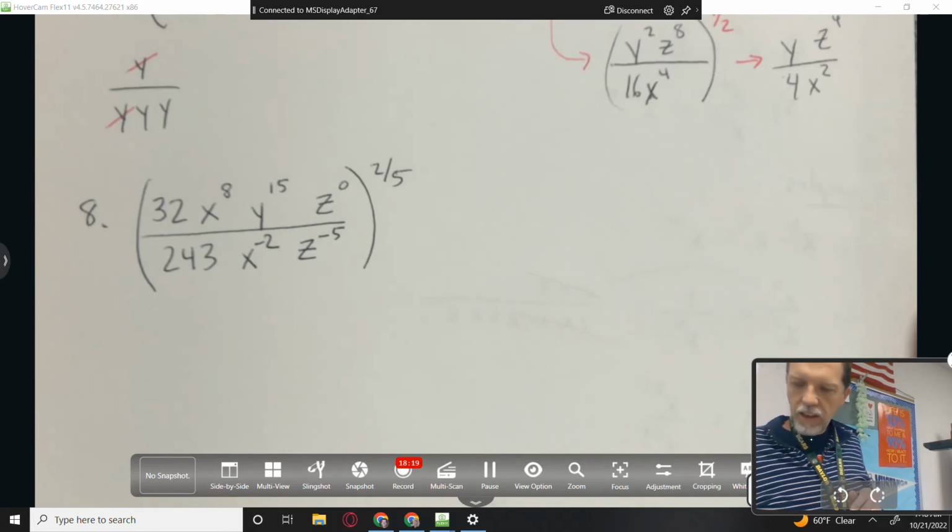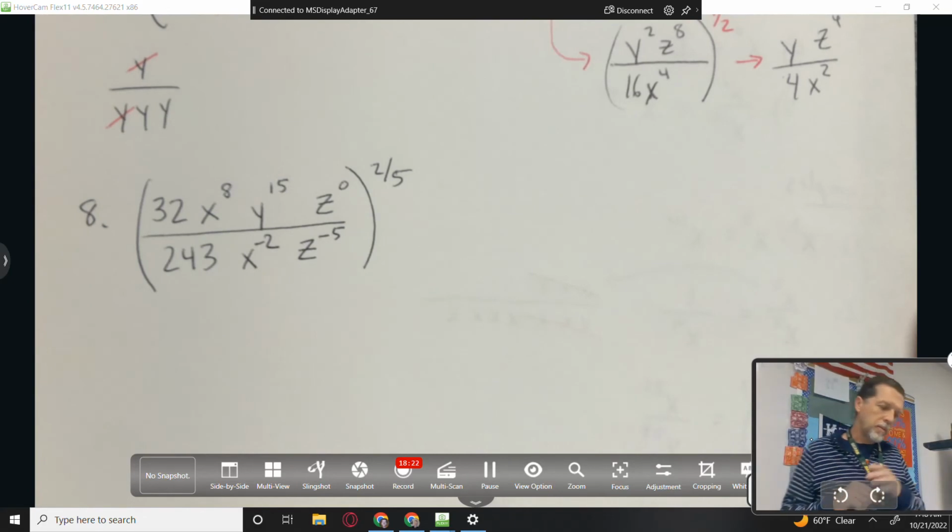This is the, if you can dodge a wrench, you can dodge a dodgeball problem.